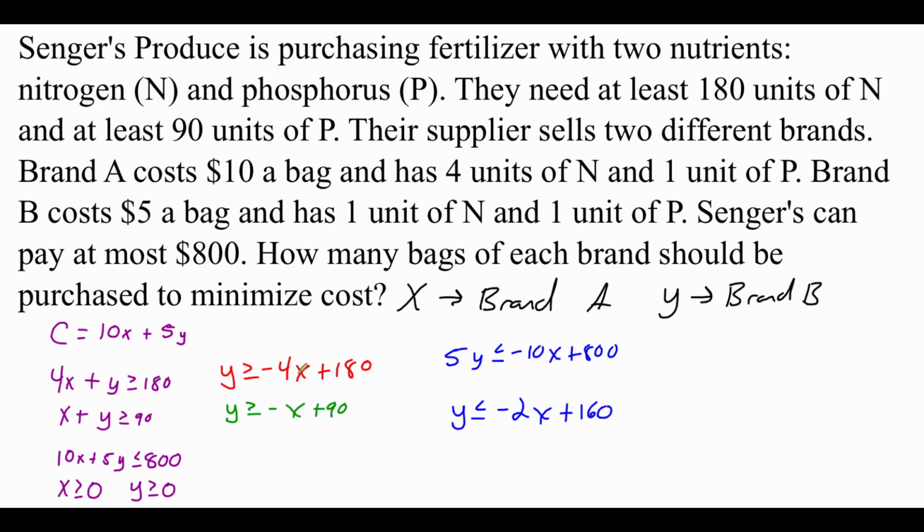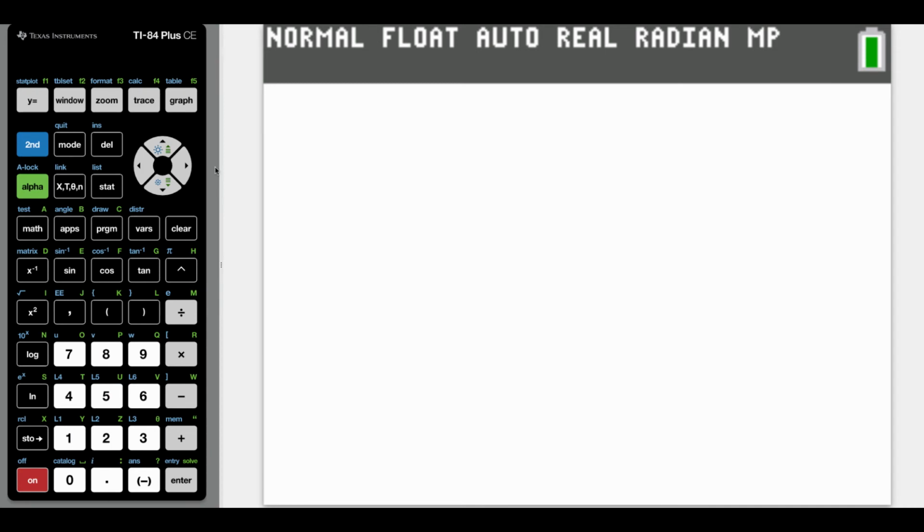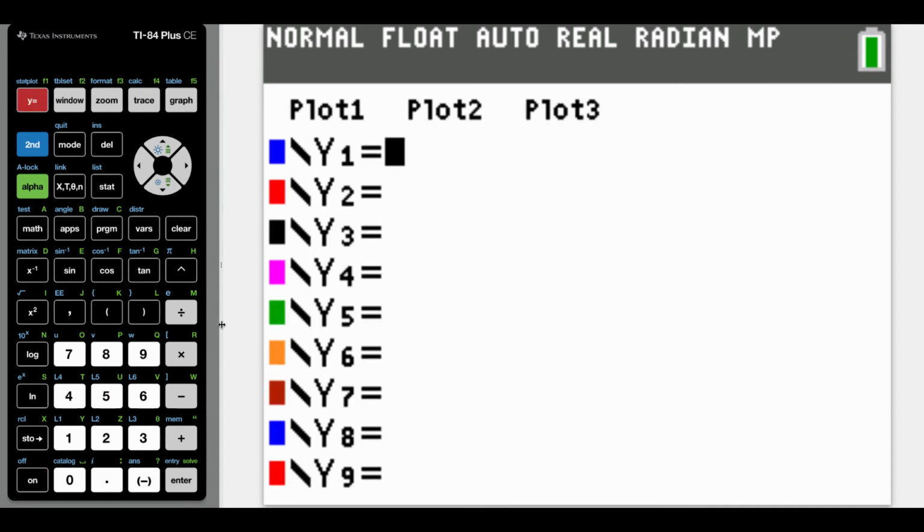Now, what I'm actually going to do is take these 3 inequalities that we've got right here, and graph them out on my calculator so that I can find their intersection points. Now, we're going to need to do some graphing, so I'm going to hit my y equals. To graph these out, remember, we pretend there's an equal sign in there, so that won't really matter.